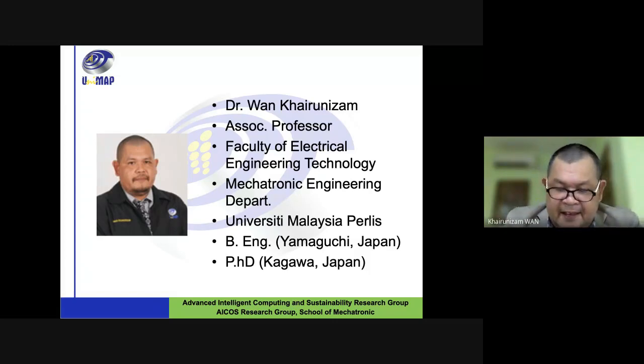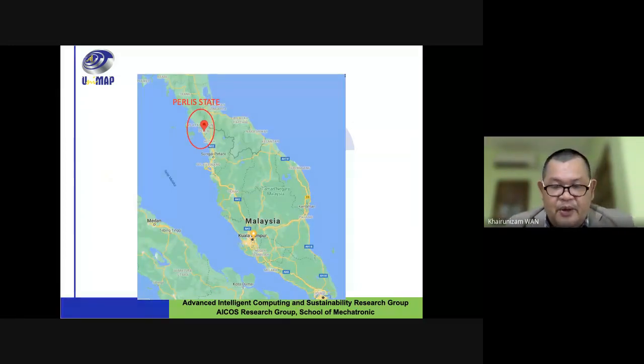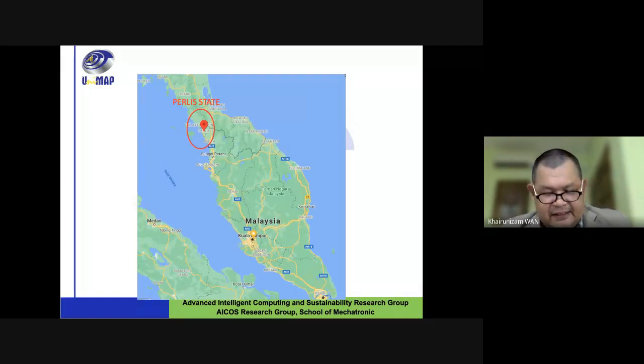Before we go to the specific title, innovative design of final year projects, I would like to introduce where University Malaysia Perlis is located. If you look at the slide, this is the peninsula of Malaysia, and our university is located at the north of the peninsula.